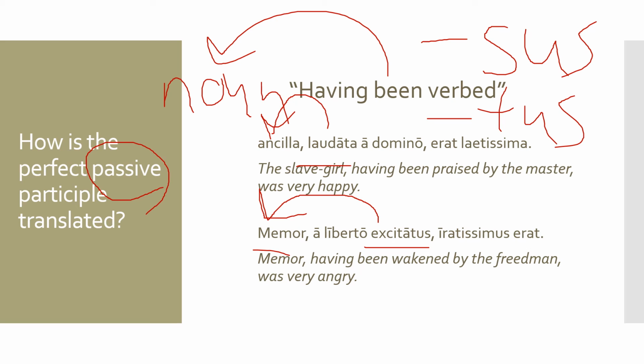Always. Interesting, well, we won't get into that part, but you'll always note, that's one way to notice. So laudata, you see that T there. Excitatus, you see that T there as well.